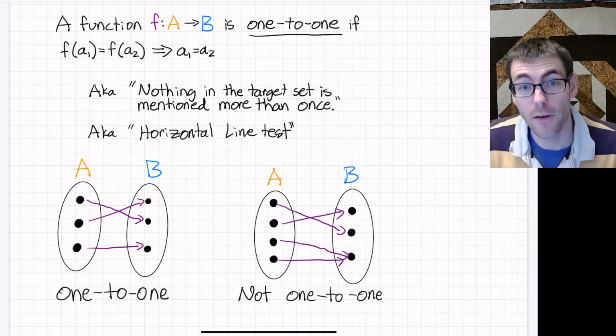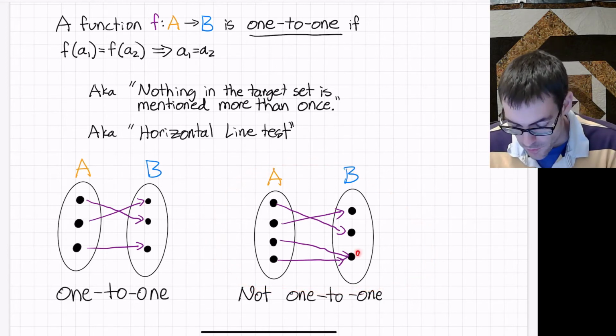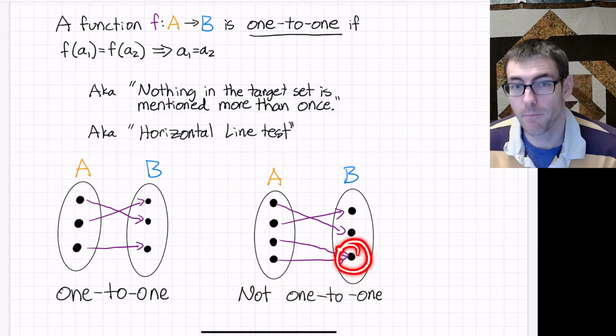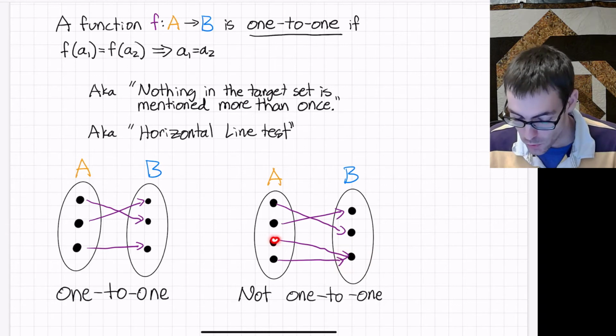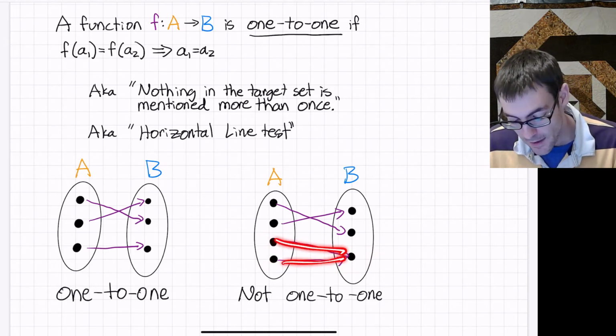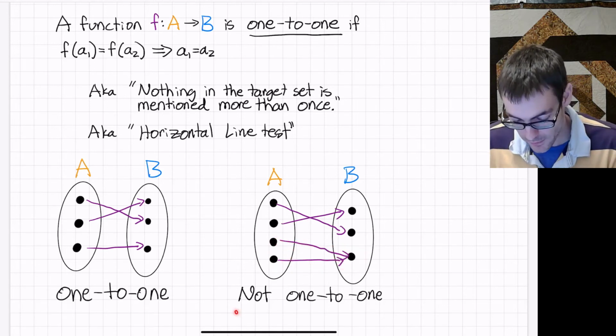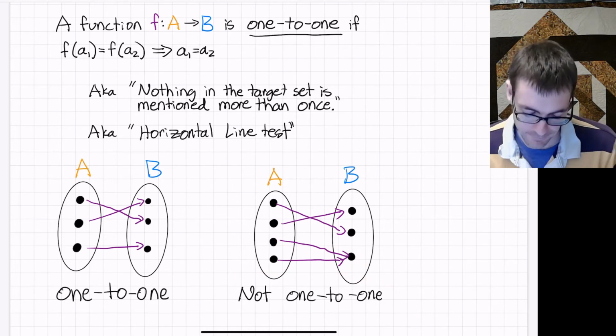Right. So here's a function that's not one-to-one, and it's not one-to-one because there is an element in B for which two distinct elements in A, when we apply f, give us that point B. Therefore, this function is not one-to-one.